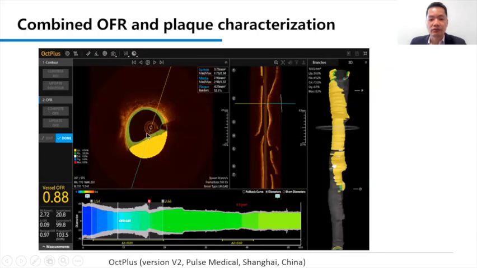So the software, in addition to calculating FFR, can also, at the same time, perform automatic plaque characterization. From OCT, as you can see, the software will automatically delineate all the plaque composition and then show them in 2D and 3D. In this case, there is a lot of lipid here and also calcium in white color.